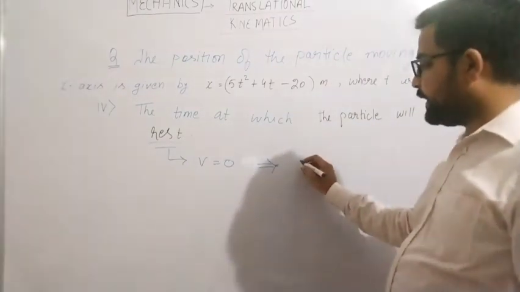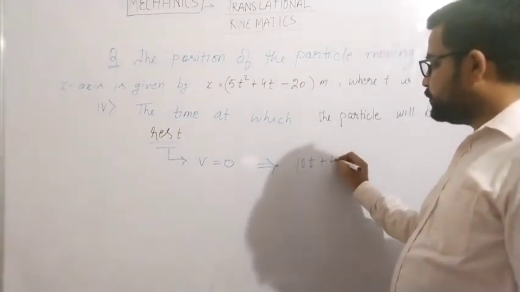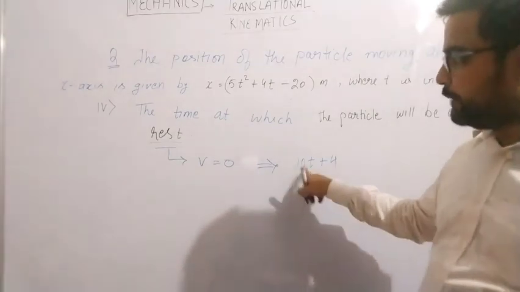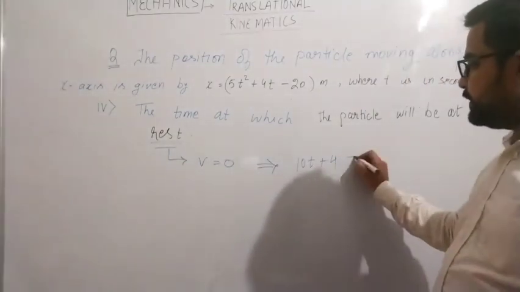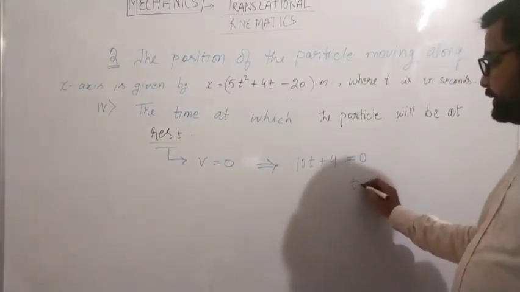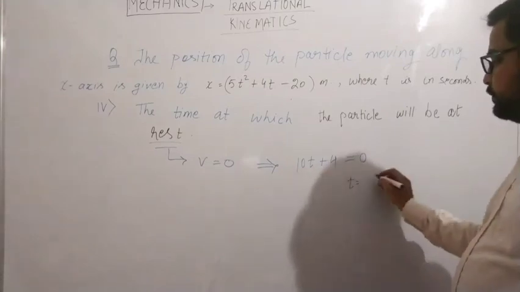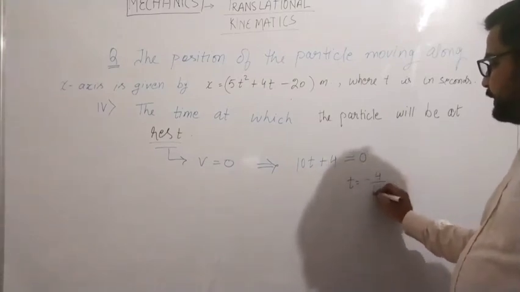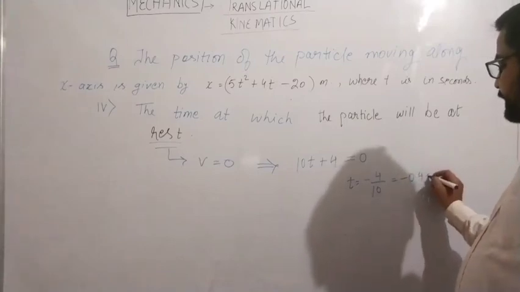Velocity as a function of time was 10t plus 4. You have to find at what time it will be at rest. So 10t plus 4 will be 0. So that means t is equal to minus 4 by 10, that is minus 0.4 seconds.